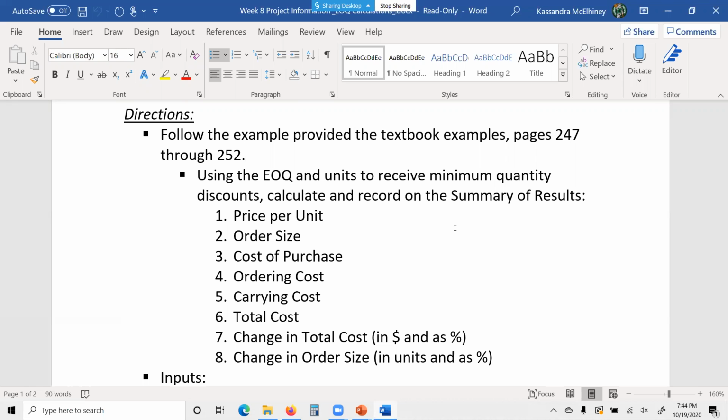Yes. Price per unit, basically, those are given to you. $78 and $75 per unit. Total cost of purchasing the goods. Total ordering cost. Total carrying cost, and total cost. And then the changes in total cost and order size, both as numbers and as percentages.